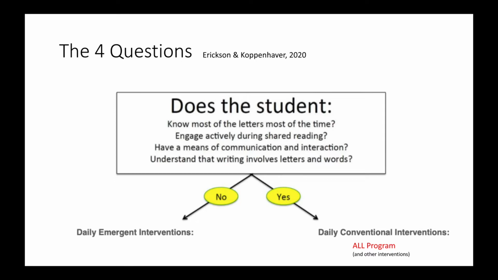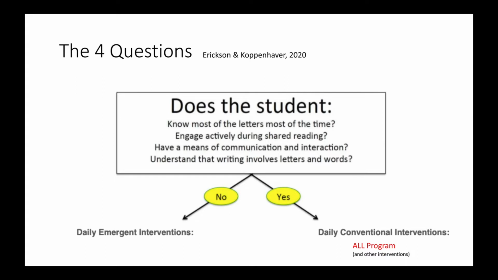So let's take a look at each of these questions. They are pretty straightforward, but I want to clarify a few things. The first one, does your student know most of their letters most of the time, is quite simple. Just answer yes or no. The second question, does your student engage actively in shared reading, is more nuanced.